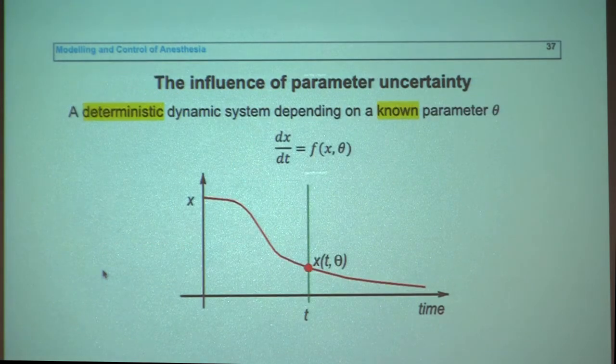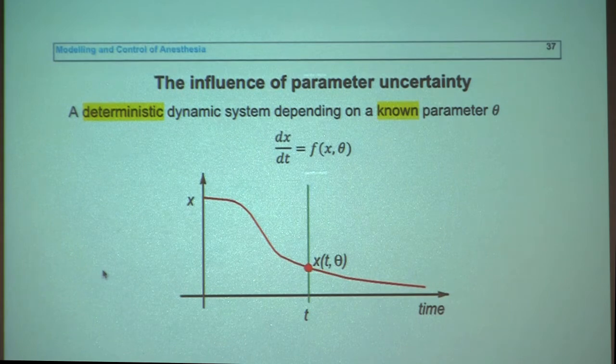Now let's go to the problem of propagating the uncertainty due to the uncertainty in the parameters, and start by considering a system described by a nonlinear state space model that depends on theta, but you know theta, so there is no uncertainty. And you integrate this given some initial condition, and you get a curve. Okay?